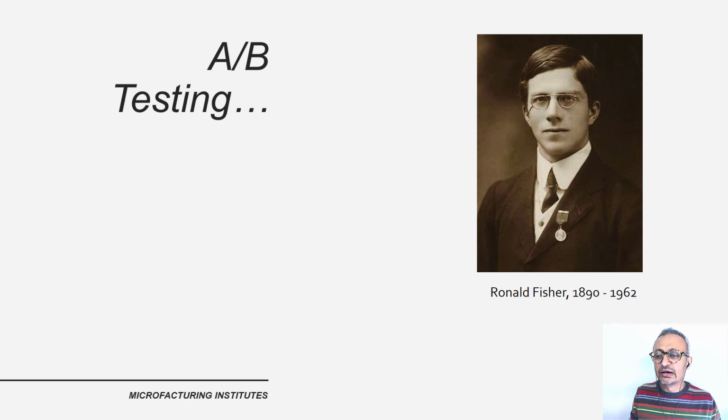Ronald Fisher, a British statistician, I guess in the 1930s or 40s, discovered the most important principles behind A/B testing and randomized control experiments, and he did that on agriculture.